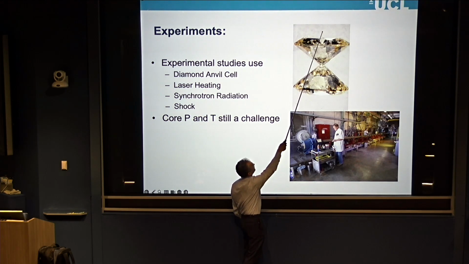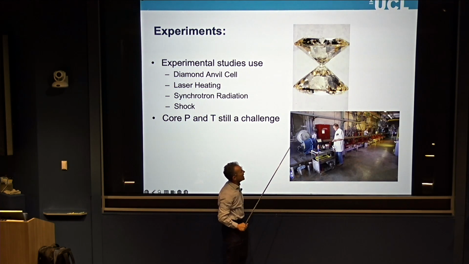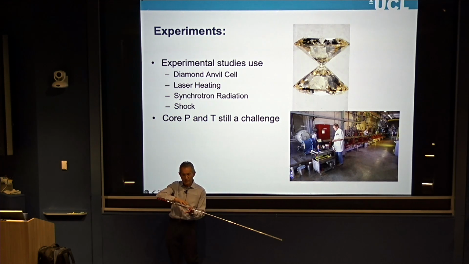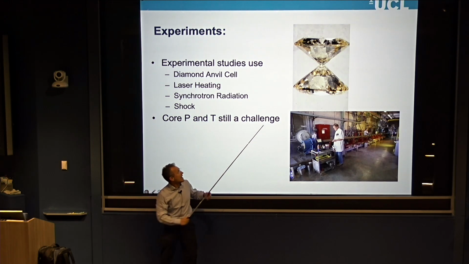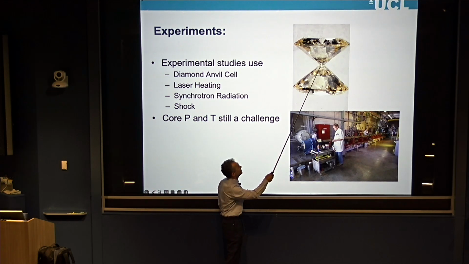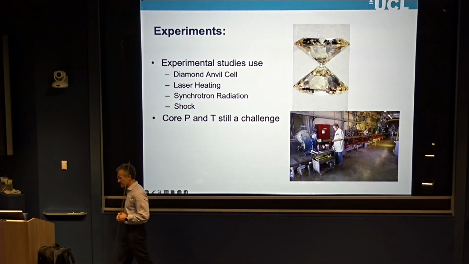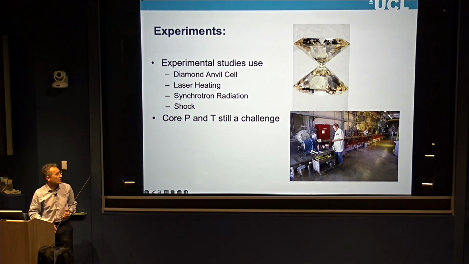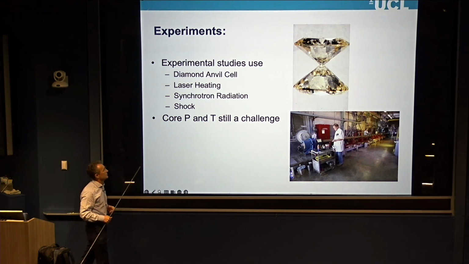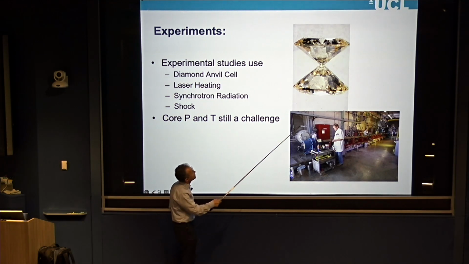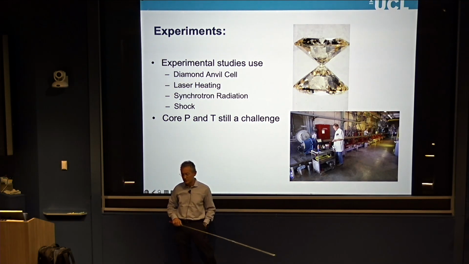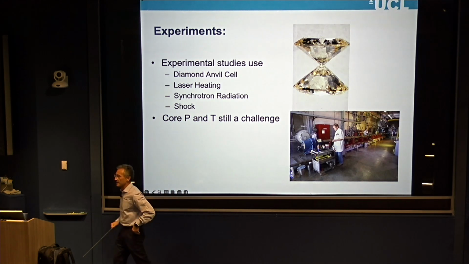I mean, you apply the forces at the two ends of the diamonds, basically by screwing them together. And this generates high pressure here in the middle. And with this device, you can reach today pressures that are close to those found at the center of the Earth. You can also shine lasers through the diamonds, as they are transparent to light, so you can heat up the materials.